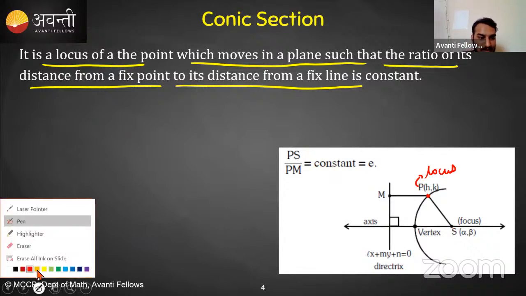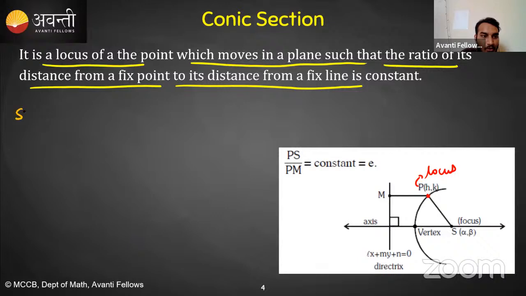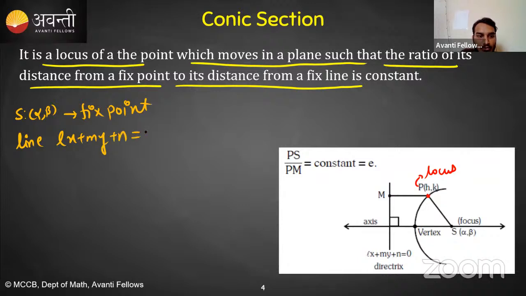This point S, which is (alpha, beta), is a fixed point, and the line lx + my + n = 0 is a fixed line.